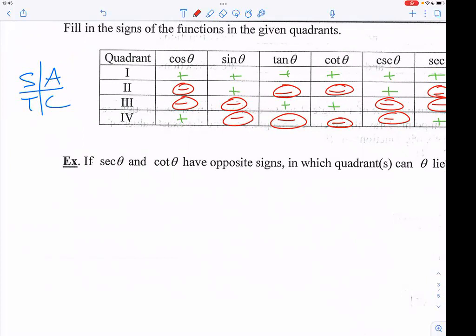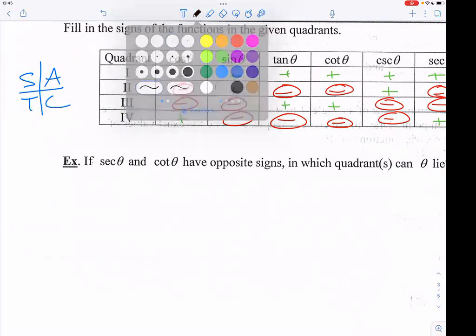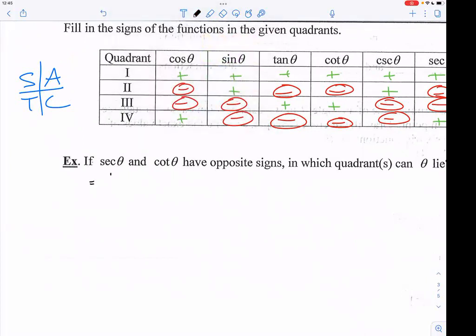So whenever I see secant theta, I would immediately think about this as 1 over cosine theta. Whenever I see cotangent, I would immediately think about 1 over tangent theta. So that I can make use of this diagram a lot more effectively and accurately.